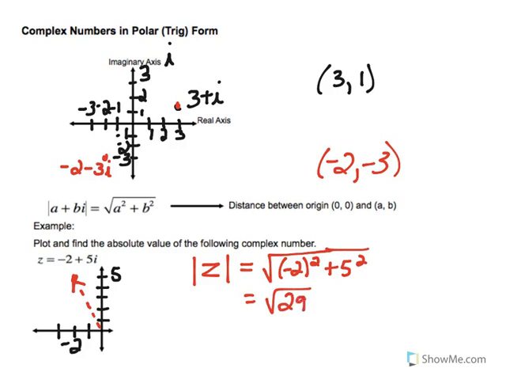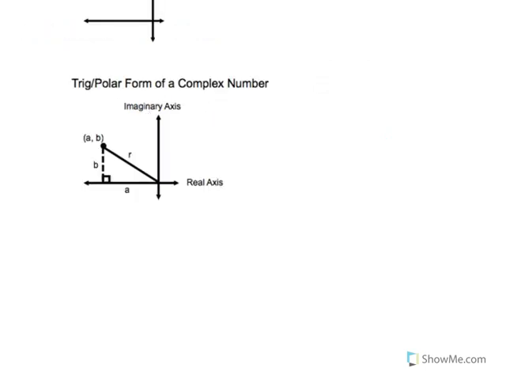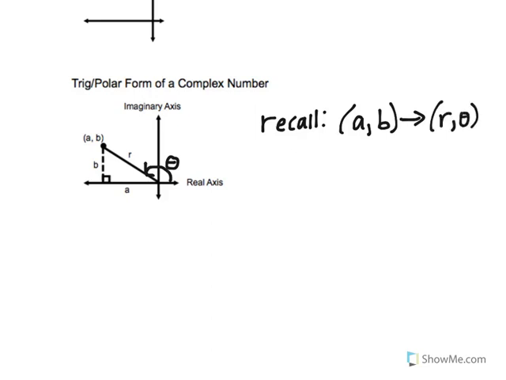So next, when we represent this in terms of polar coordinates, it's going to be a similar idea. We're going to get an r value and a theta. The only thing you have to draw in here is the theta. That is our angle measurement there. Recall, to go from rectangular to polar, we need the following formulas. a equals r cosine theta, and b would be r sine theta.